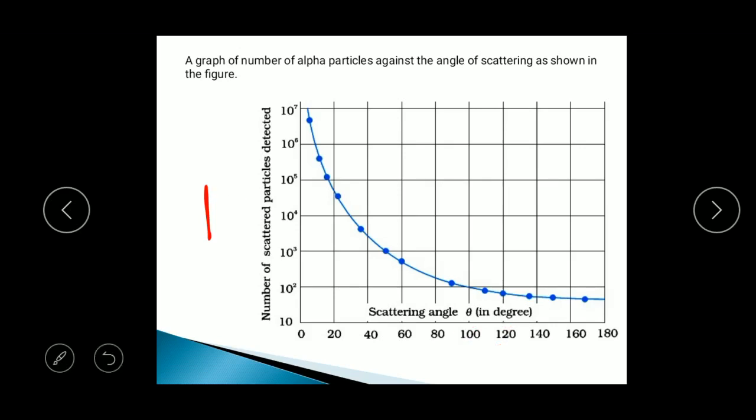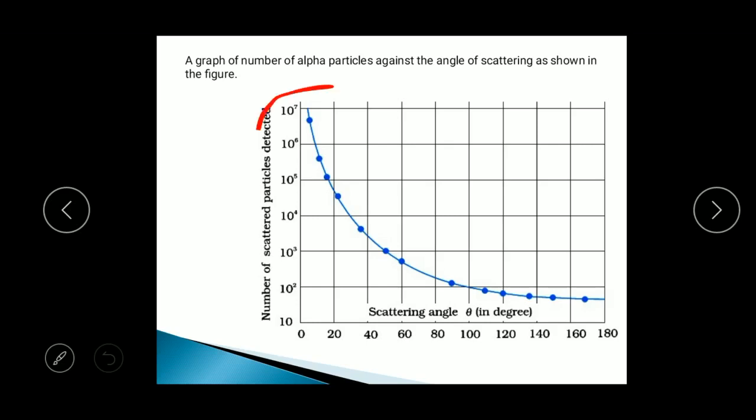Now from this graph, the information we can get is, if you refer to this area of the graph, only a few alpha particles are scattered or deflected at an angle greater than 90 degrees, and deflected by 180 degrees.